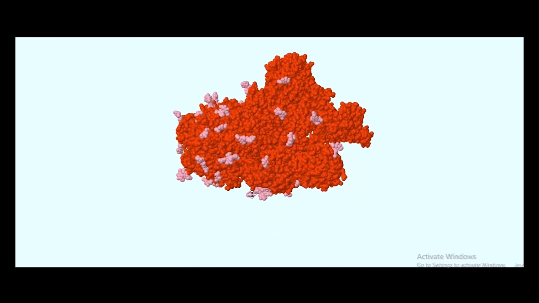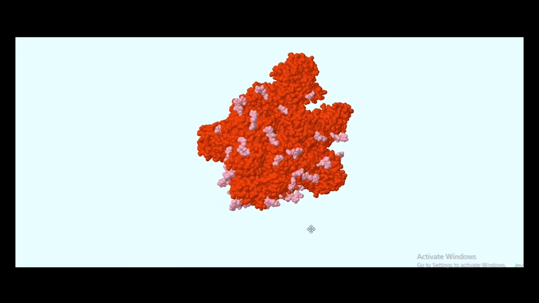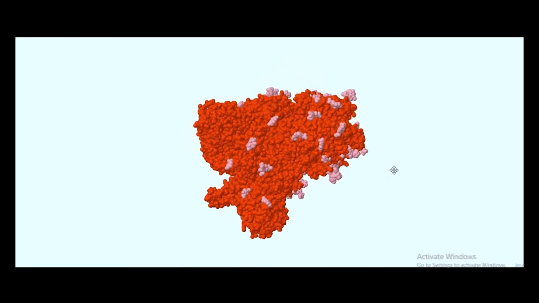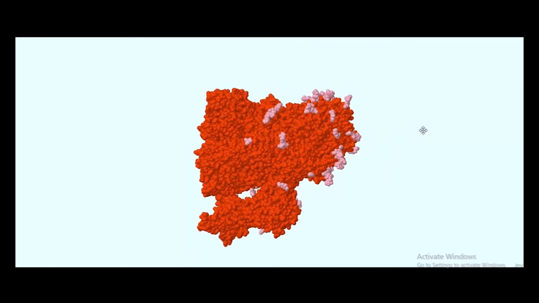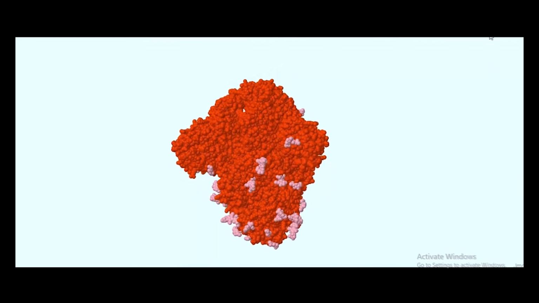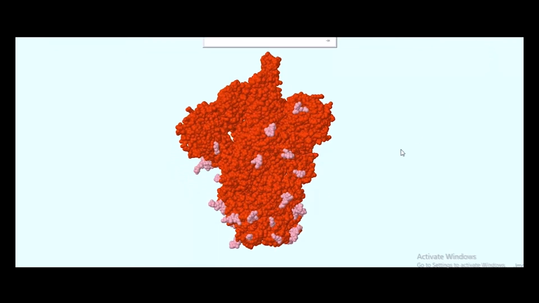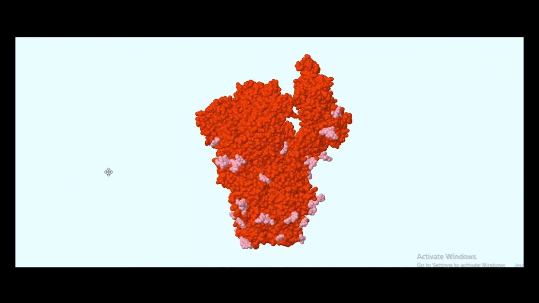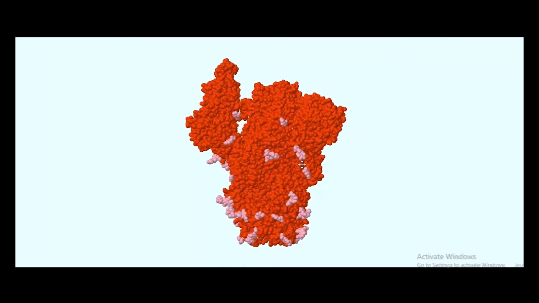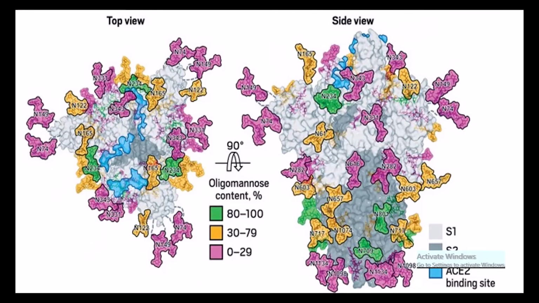Once synthesized, these proteins are then excreted into the cell, and along the way, the sugars are matured and trimmed back so that the sugar structures have the appearance of those that are normally made by the host cell and are also more complex and branched in nature.